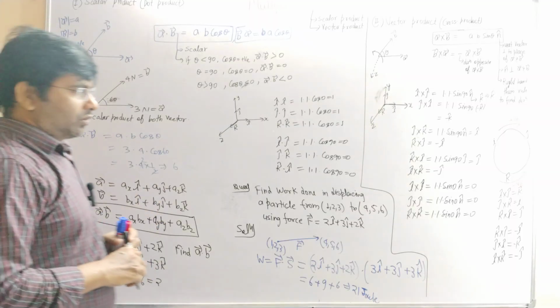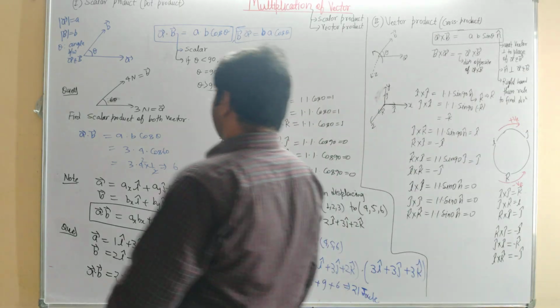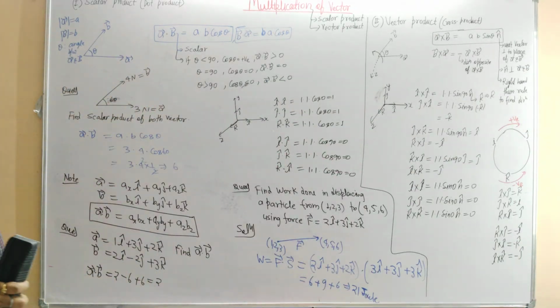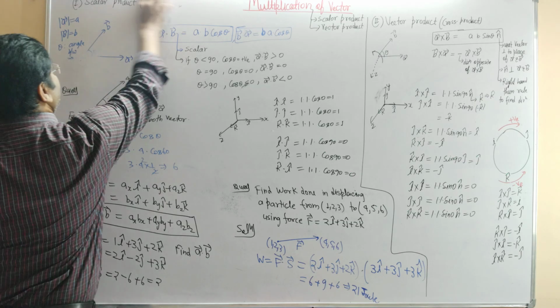Okay, next we'll find the cross product in Cartesian form, the cross product of two 3D vectors.